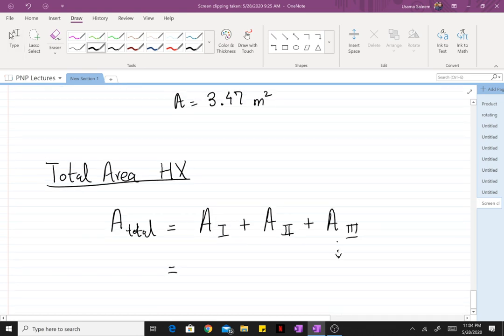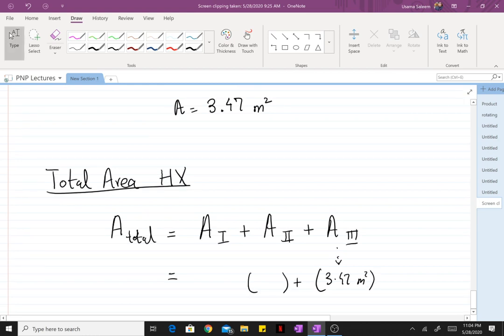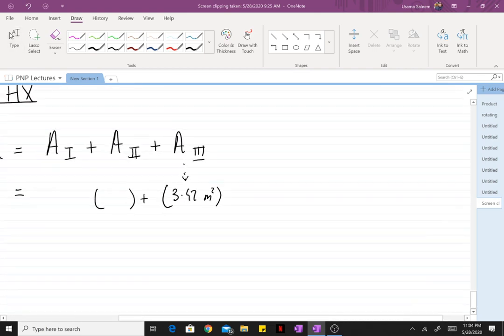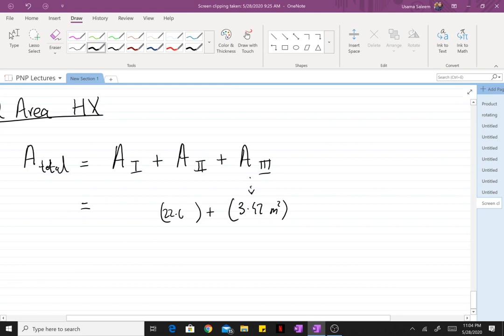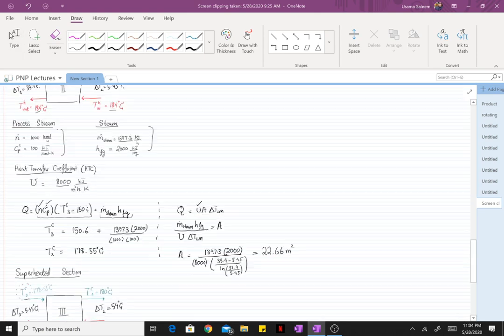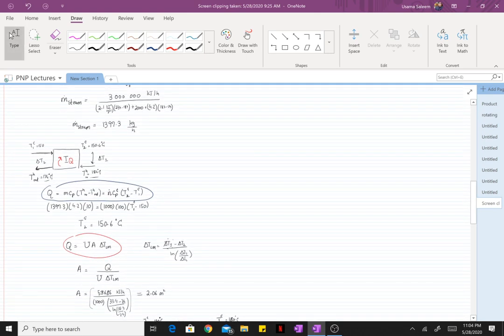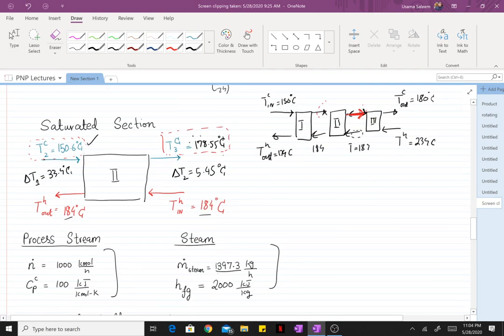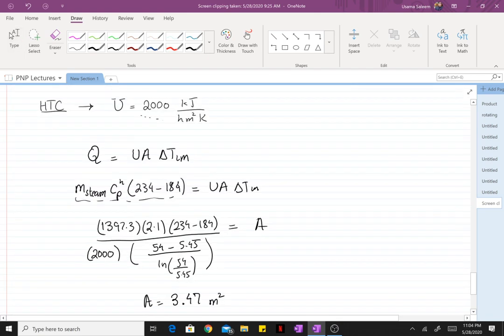We just found the superheated section to be 3.47 meters squared, and earlier we found the saturated section to be 22.66, and in the previous video we found the area of the subcooled section, 2.06.